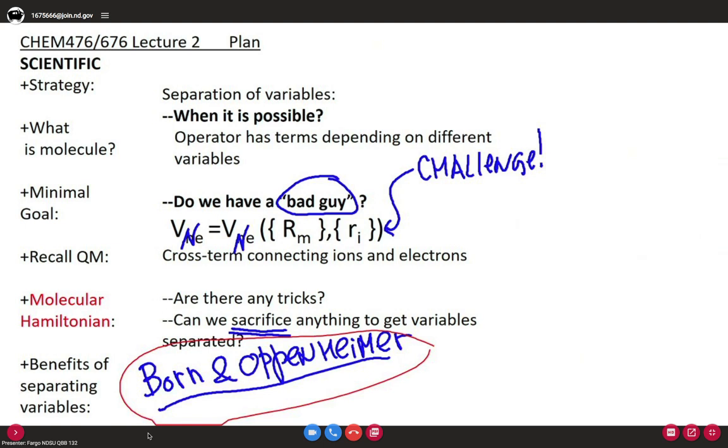So you do have handouts. If you came here not for learning heavy things, but just for entertainment, you may just read the biography, right? The trick of more or less legitimate separation of nuclear and electronic degrees of freedom was done by these two gentlemen.